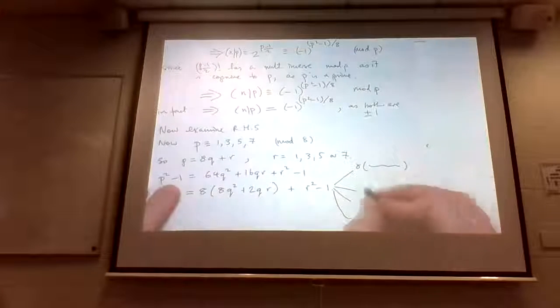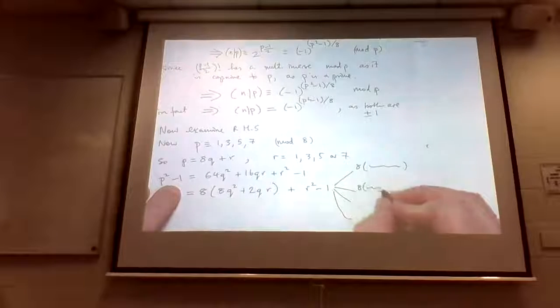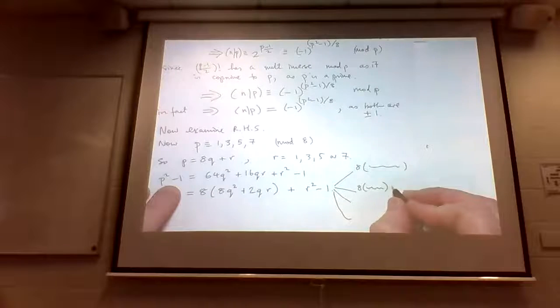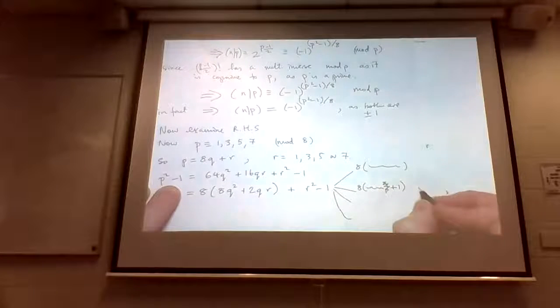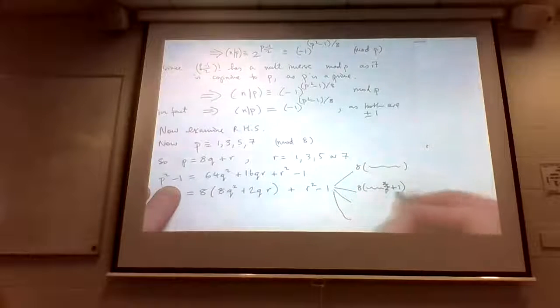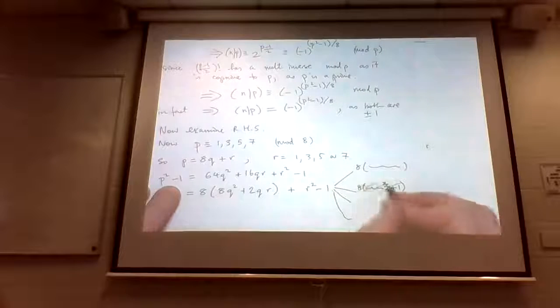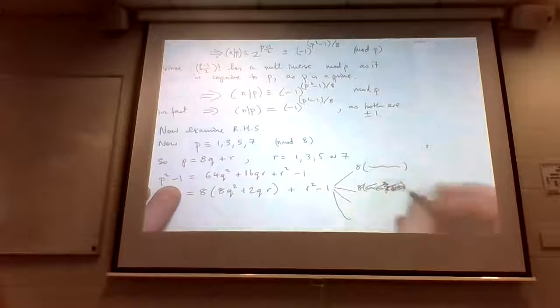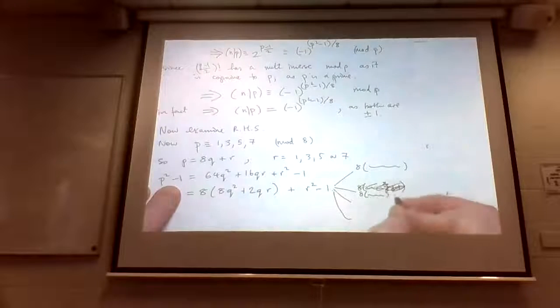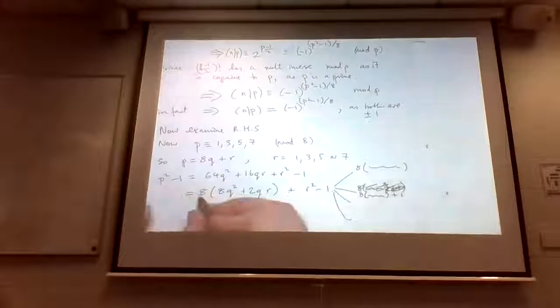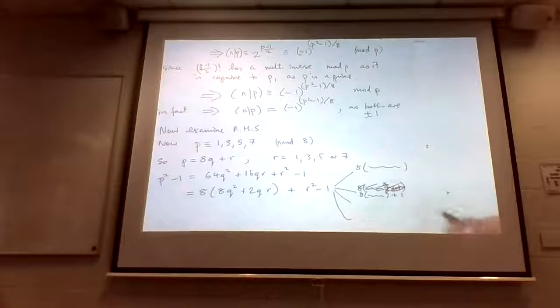So this p squared minus 1 is going to be 8 times the bracket, plus we add an extra 1 into the bracket because we got 8 here.